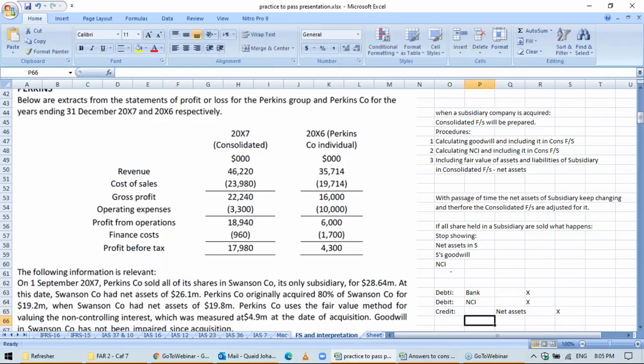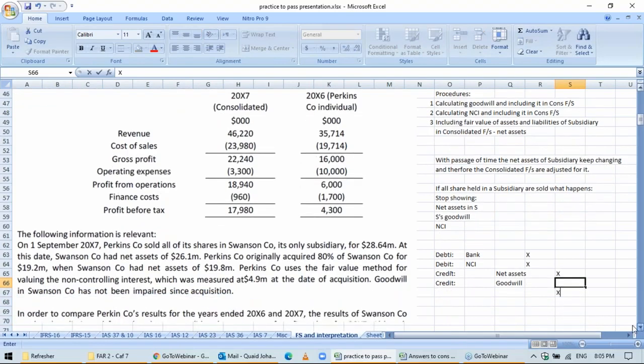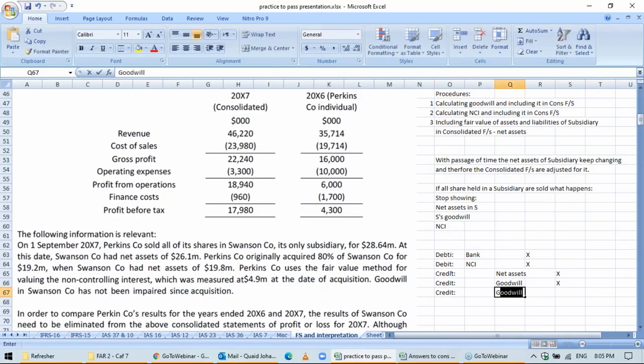And then there is one more credit, and that is the goodwill. So you won't carry the subsidiary's goodwill in the financial statements any more. And the last item will be the gain. If you receive more cash, you will be recording the gain in the financial statement. So that's the gain, that's the entry. These effects take place when you dispose of a subsidiary company.